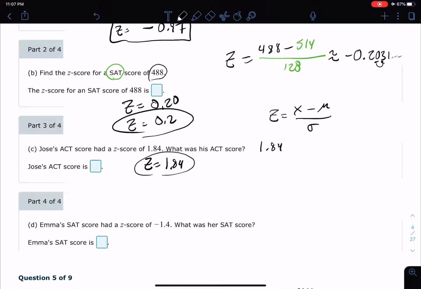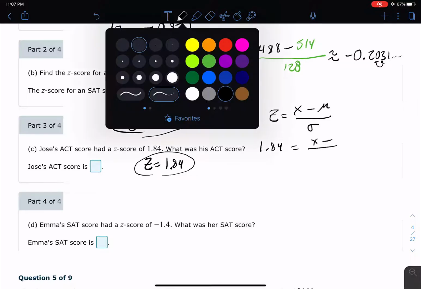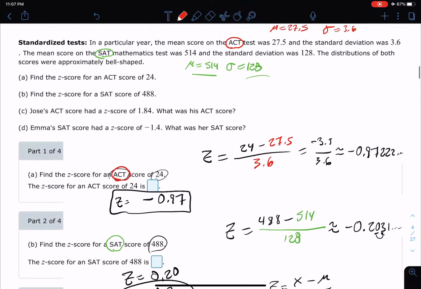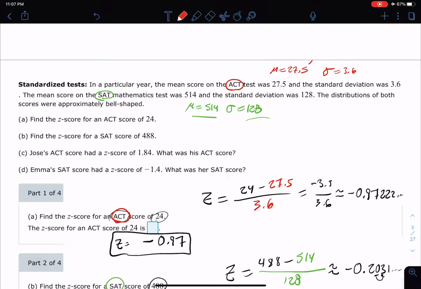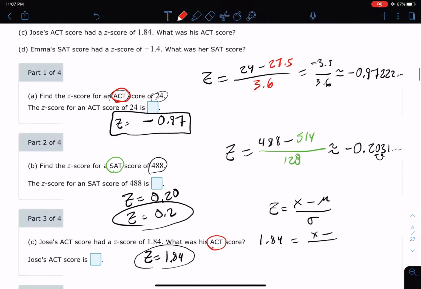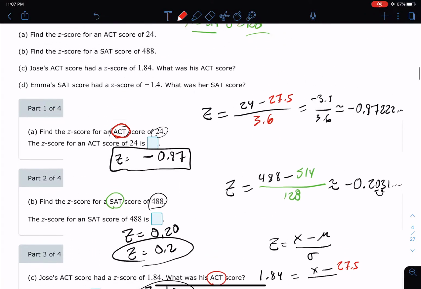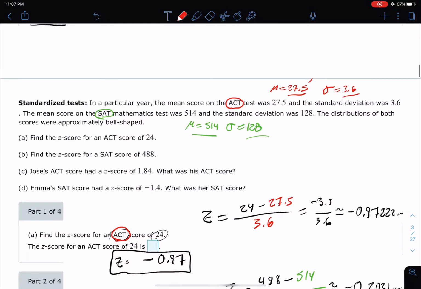We're going to set that equal to x is what I'm looking for. I already know the mu, so let's be careful which one. I think ACT was red. Yeah, ACT was red. So we've got to use 27.5 for a mean. And our standard deviation, here it is, 3.6.